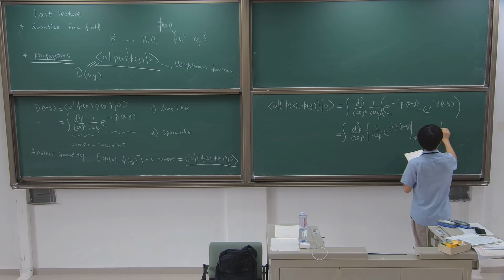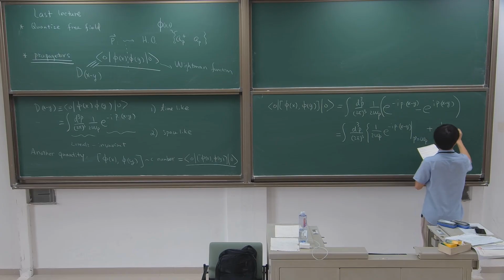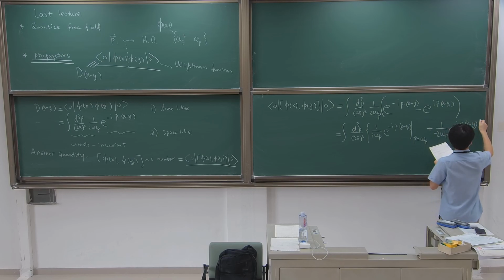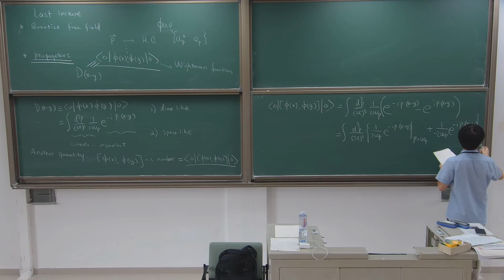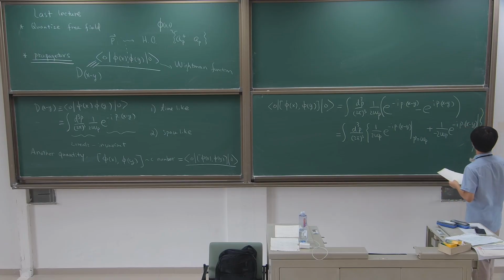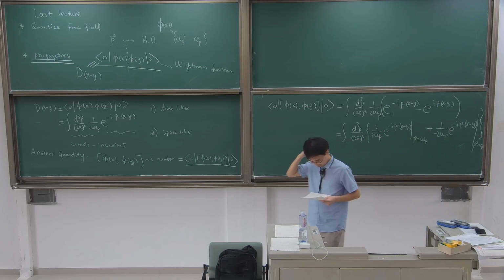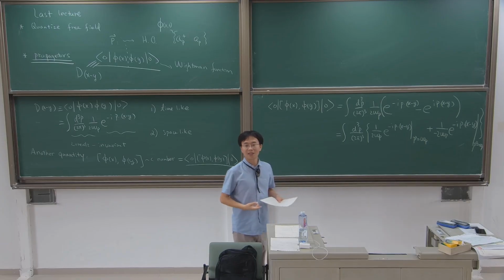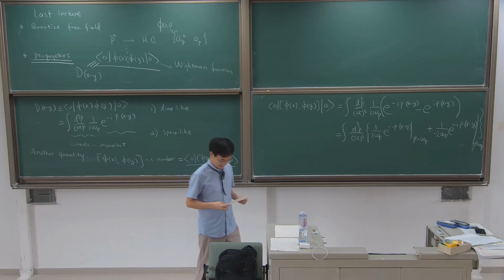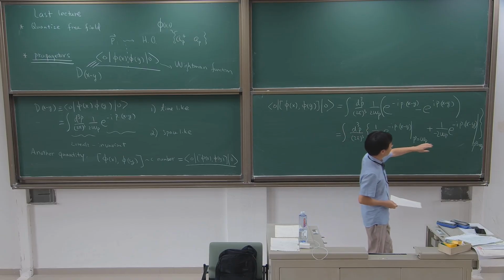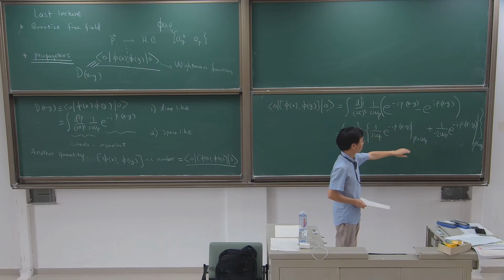Then I will get minus 1 over minus 2 omega P, exponential minus I P dot, and of course the value will be P0 equals minus omega P. It's just rewriting. I did nothing but rewrite and make things more clear.